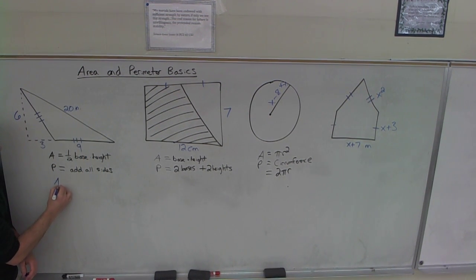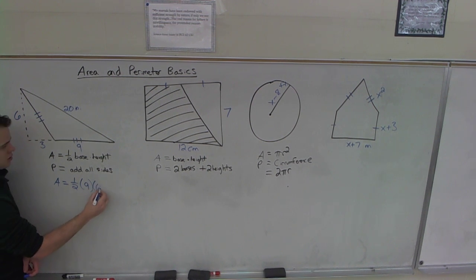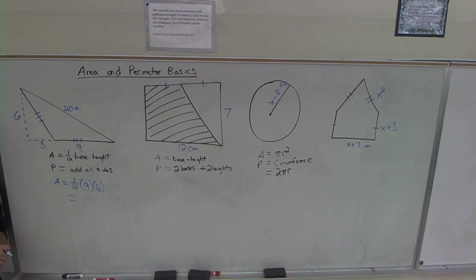So what is the area of this first triangle going to be? Half. What's its base? 9. Good. What's its height? 6. There's some other extra info in there, but not for the area.